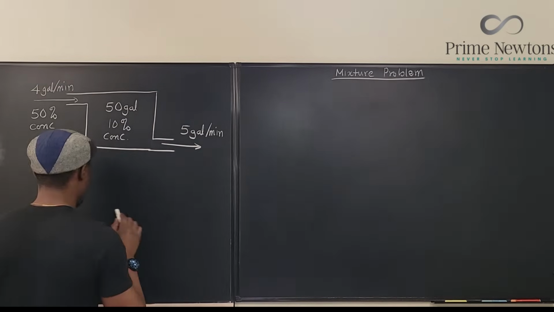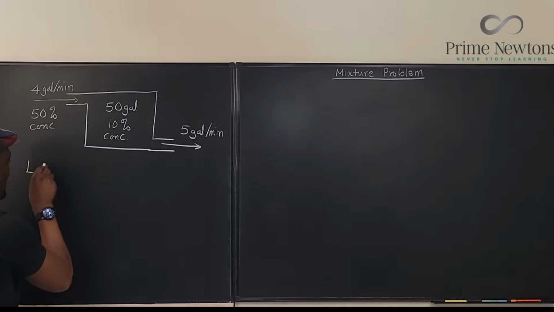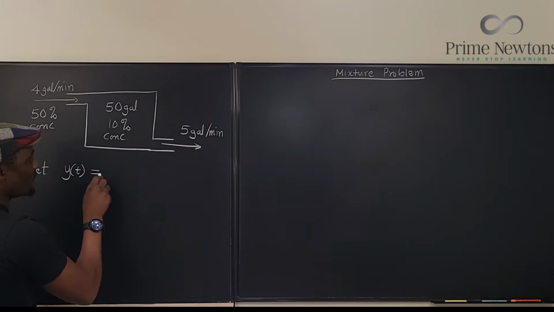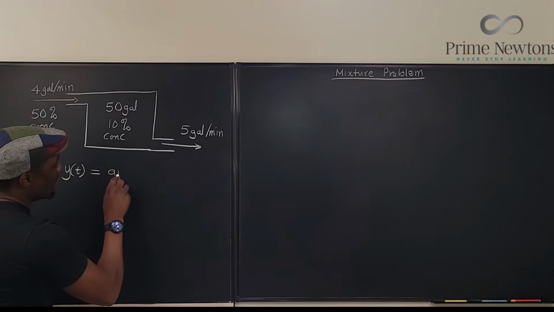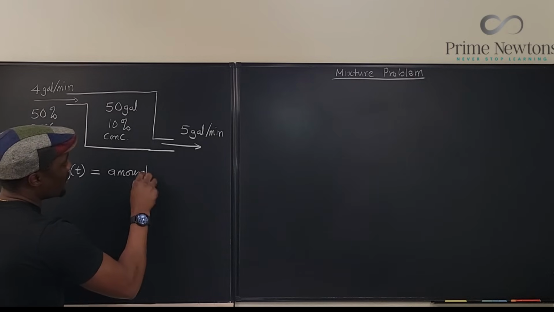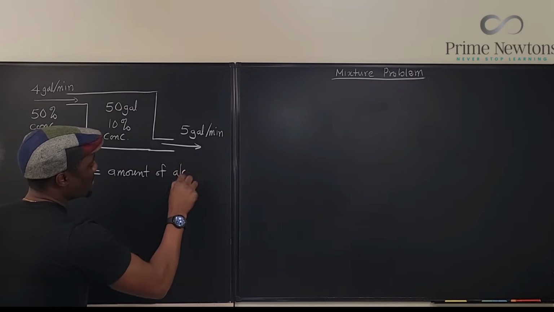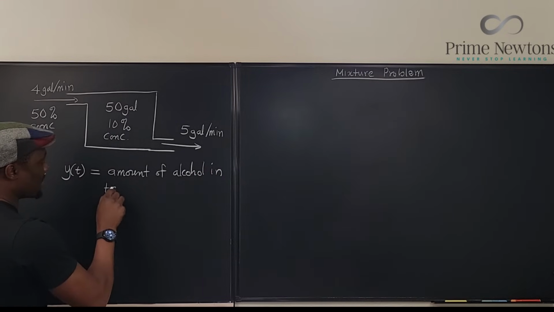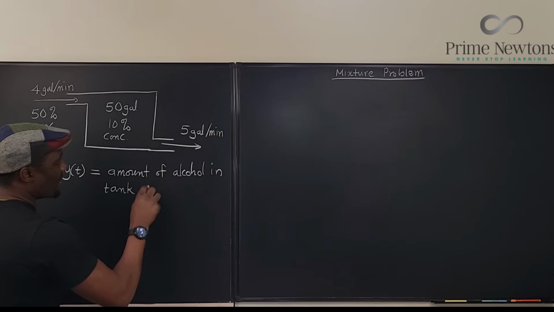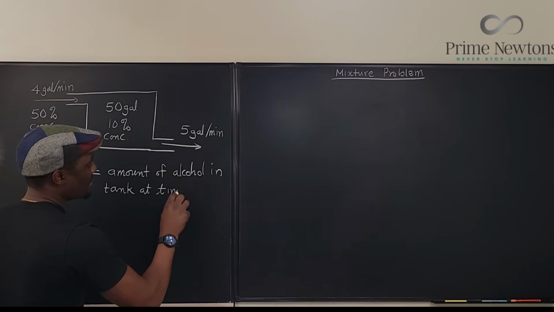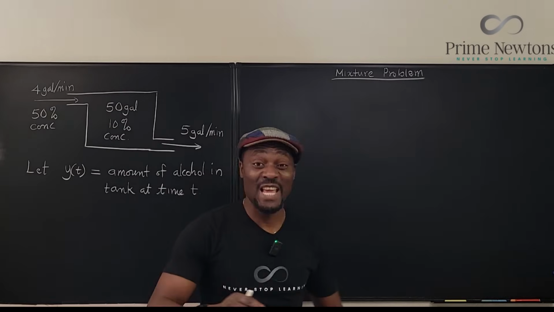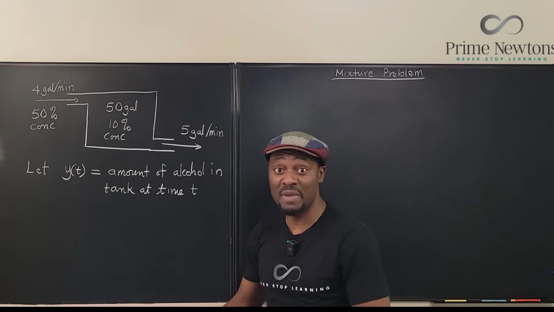So let's just start and say, let y as a function of time be equal to the amount of alcohol in the tank at time t. This is the most important thing in all of this mixing.